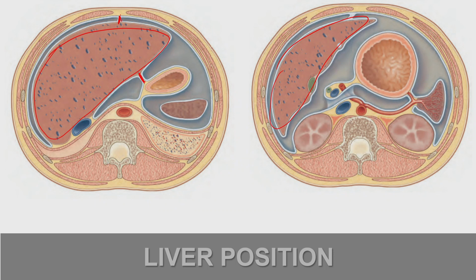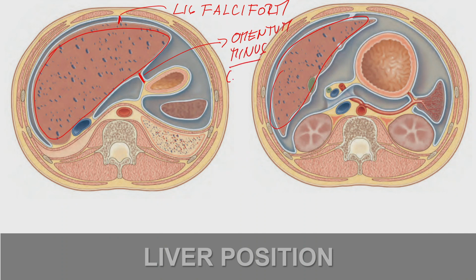This is ligamentum falciforme, falciform ligament, and here the second ligamentous structure, which is called omentum minus, or lesser omentum.